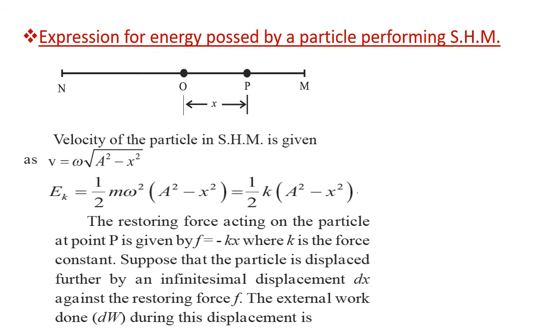Now as we said, when the particle is performing motion, the particle has some speed, and whenever a particle is showing some motion, the energy possessed by virtue of motion is nothing but the kinetic energy.